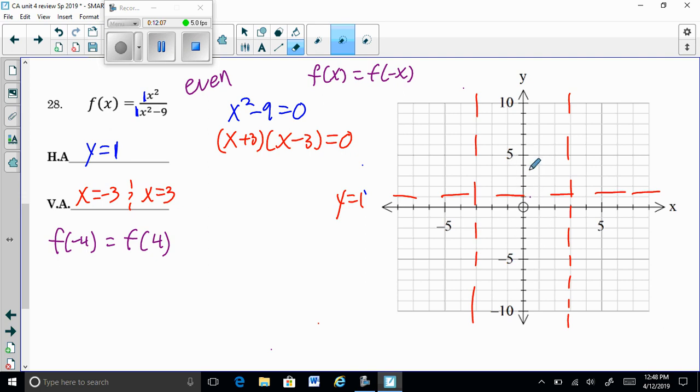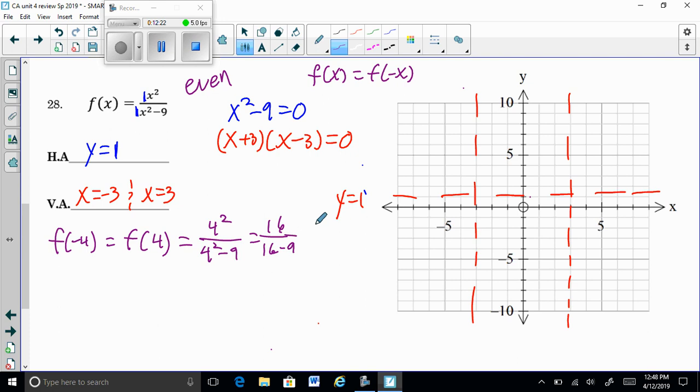Okay, so we'll go ahead and start with that 4. So let's see, you get 4 squared over 4 squared, take away 9. So we get 16 over 16, take off 9. So we get 16 over 7, which is a little bit more than 2, like 2.3 something like that.